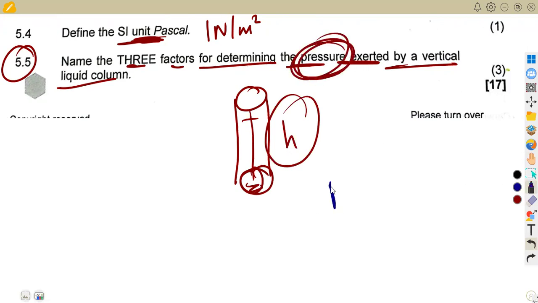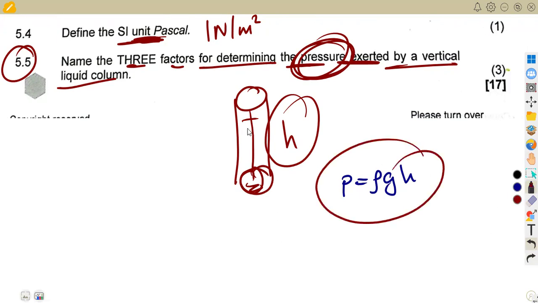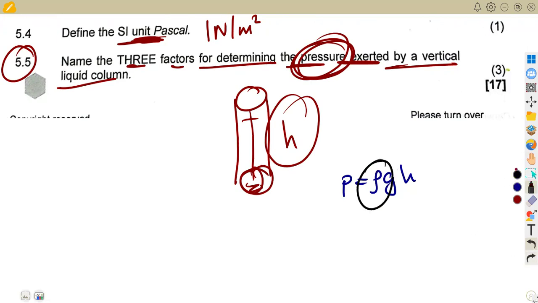So remember, the pressure is equivalent to rho g h. So these are the 3 factors, considering the vertical height. So what do we have for the density in this case? The factors affecting, one is the density.